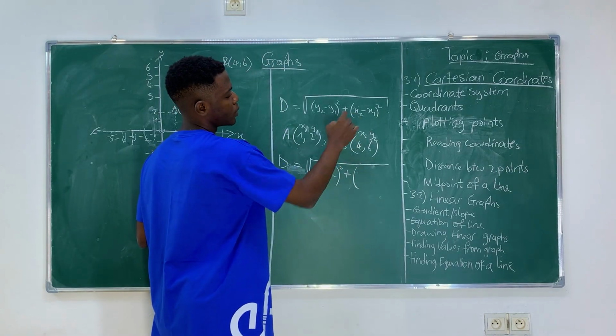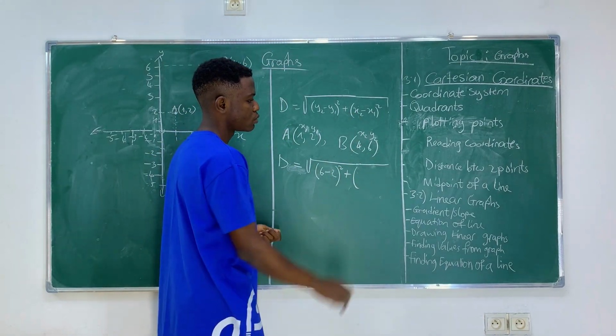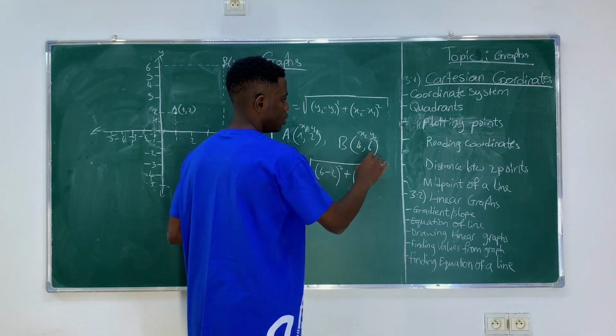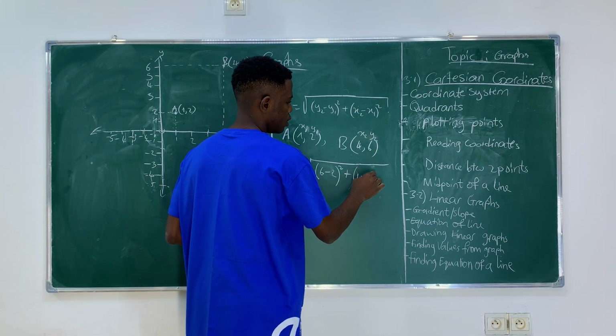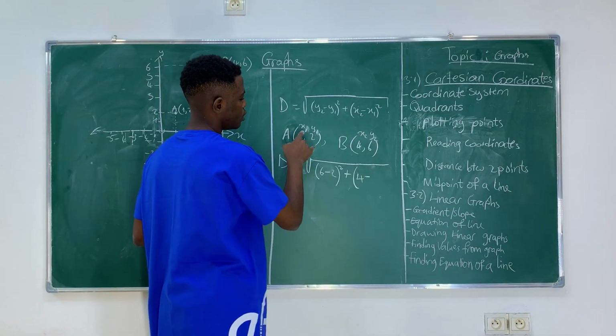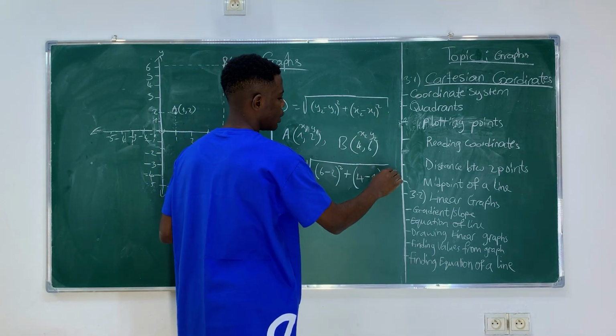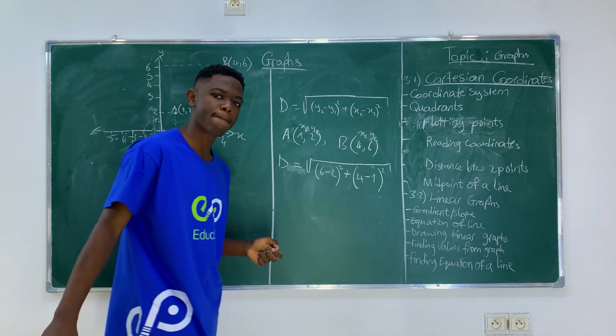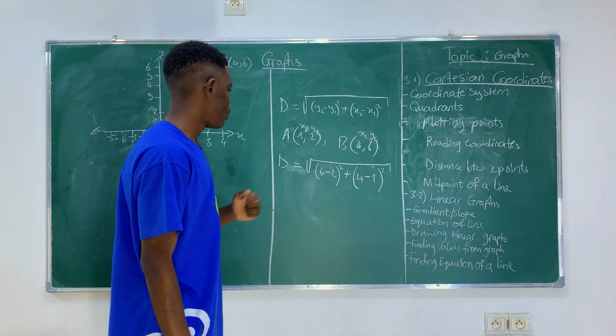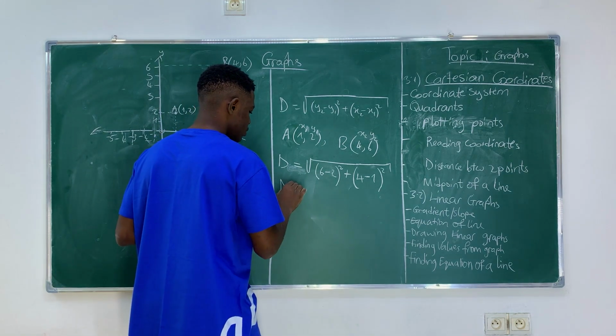What is our x2? 4. Our minus, we keep it. What is our x1? 1. We close our bracket and we put back our squares. So that is what we did.